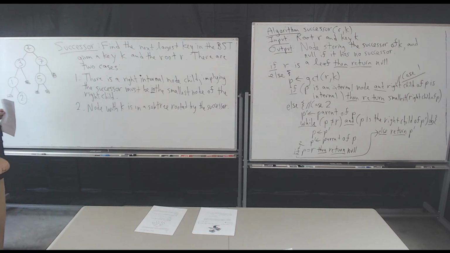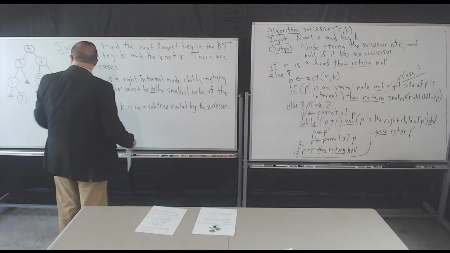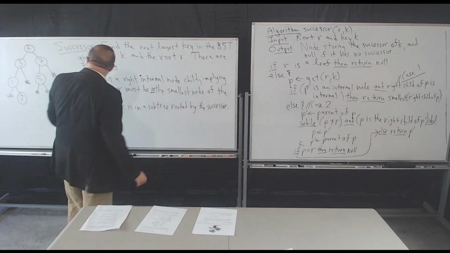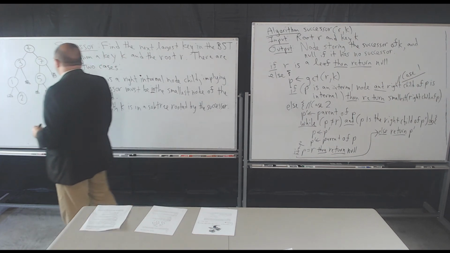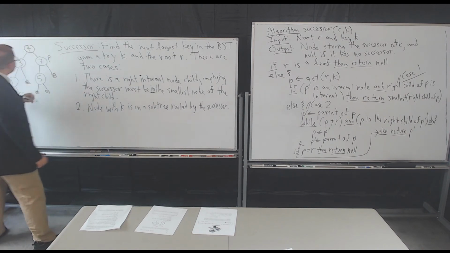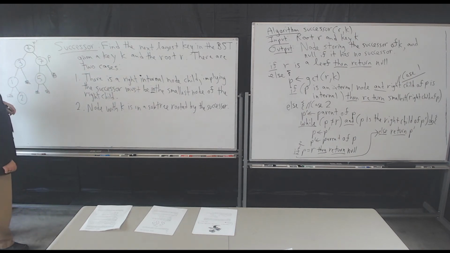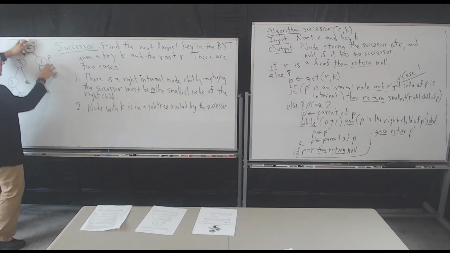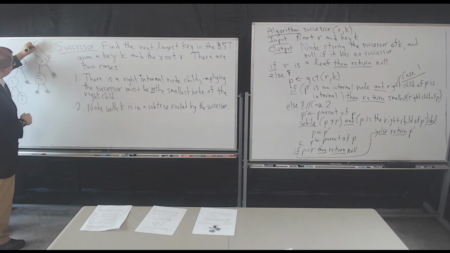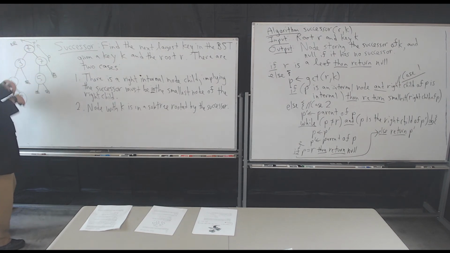Does everybody see that? So, for example, if I wanted the successor of 7, what would I do? Well, P would be here, P prime would be here, and what would happen? That loop is going to say, okay, well, this is not the root yet. So what I do is I go up. So now P prime's going to drag it, now P prime is up here, and it's like, hey, look, this is the root, it has no parent, right?